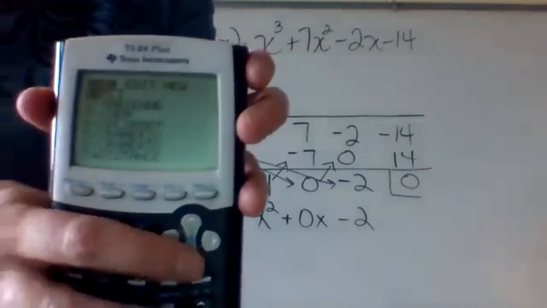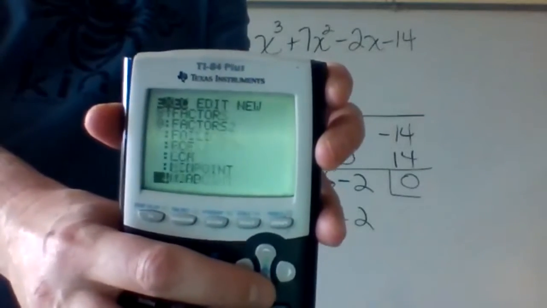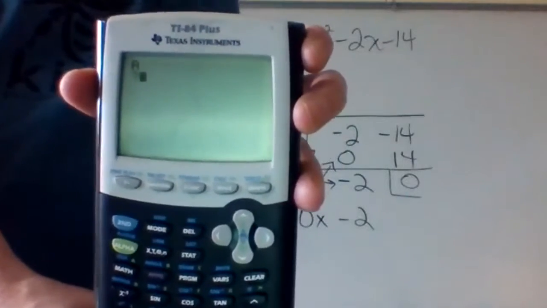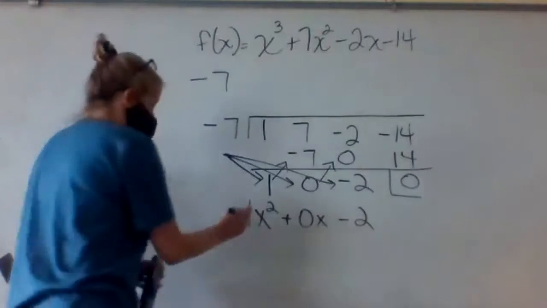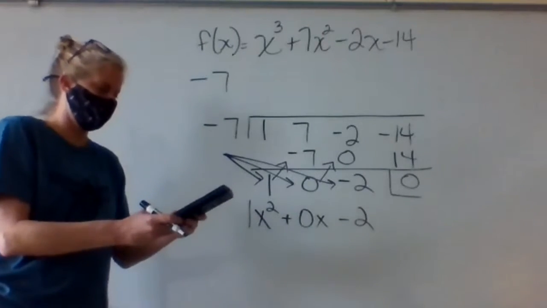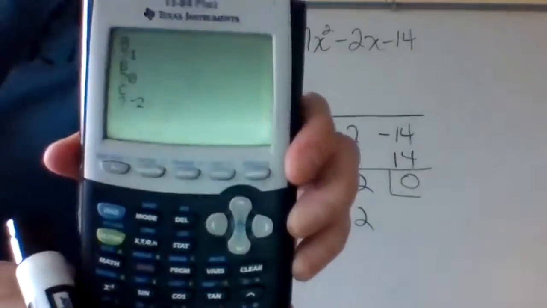So then you're just going to go to your quad program. So program down to quad. And type in your A, B, and C. What's A? 1. Then B is 0. Good. And my constant is negative 2. Enter.